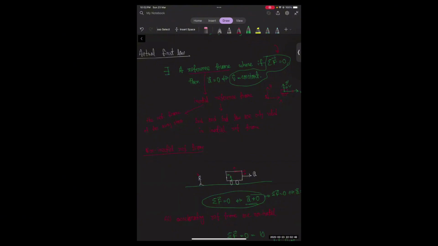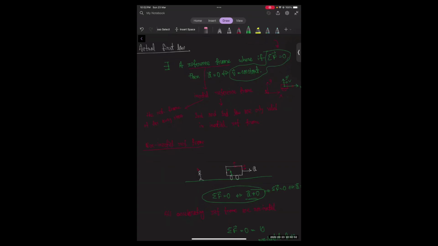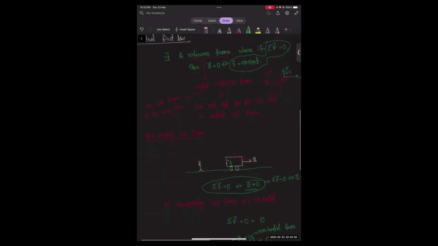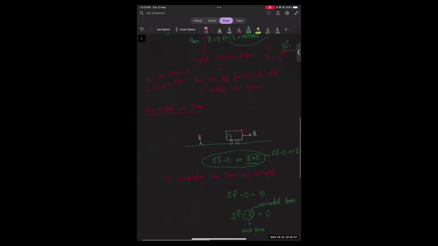The second law and the third law of motion are only valid in these inertial reference frames. Then how do I know if a reference frame is inertial or not? Reference frames that are accelerating are non-inertial, and everything else is inertial. So every reference frame that is moving at a constant velocity with respect to another inertial reference frame is also an inertial reference frame. But the moment you add any acceleration, it becomes a non-inertial reference frame.